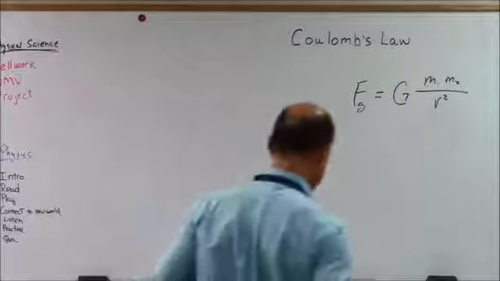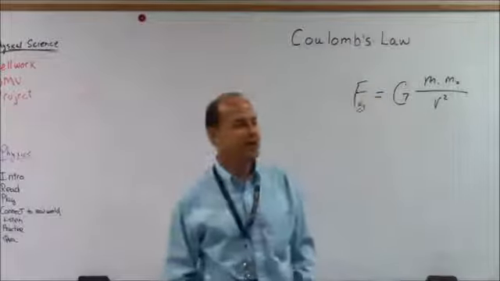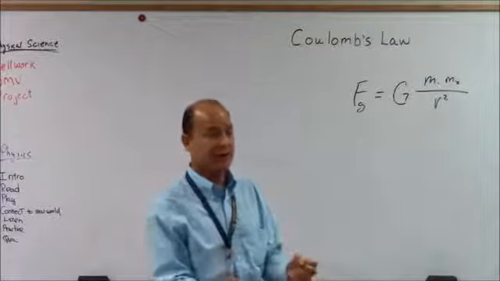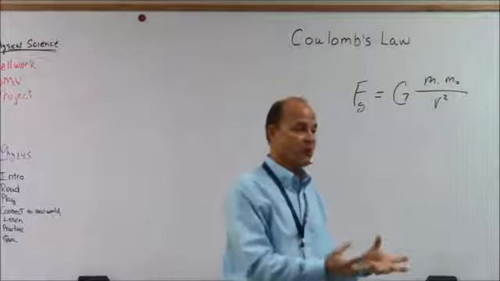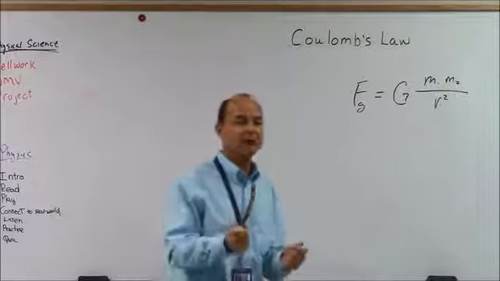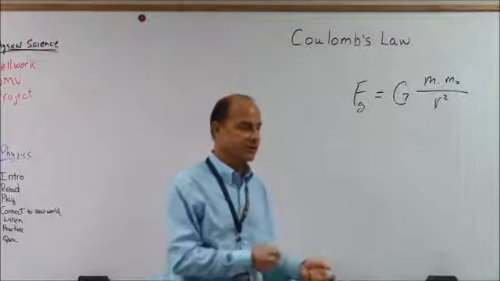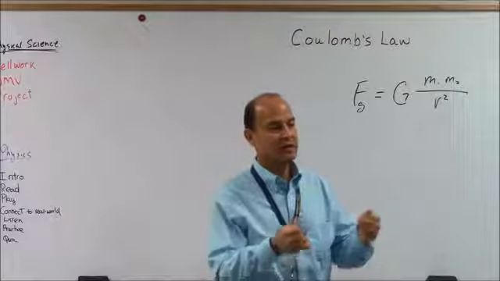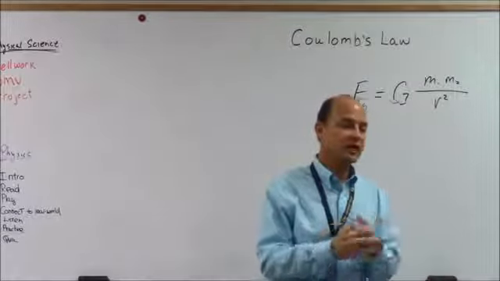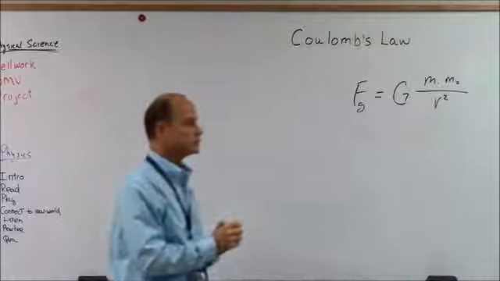But electricity is a little bit different than gravity. There's a couple of differences. One of them, I just explained, is that it takes just a small amount of charge to exert a force. But also, electric forces have a positive and a negative, and that's what we learned in our last learning objective, that there are repulsive forces and attractive forces, depending on the polarity, if you will, of the charge.